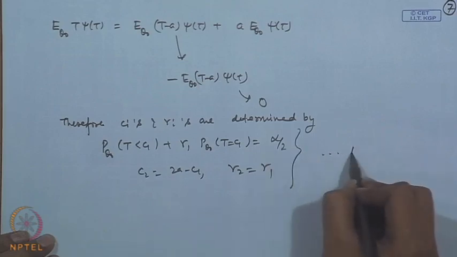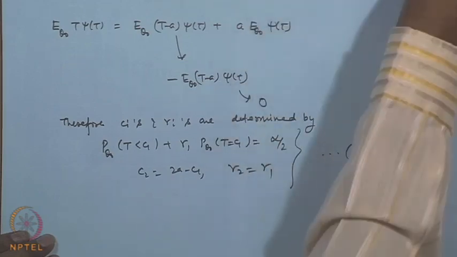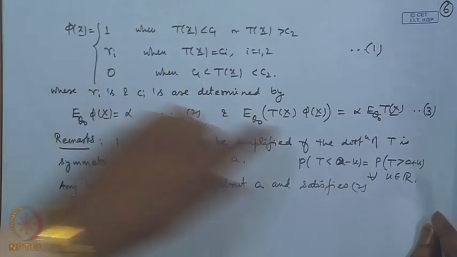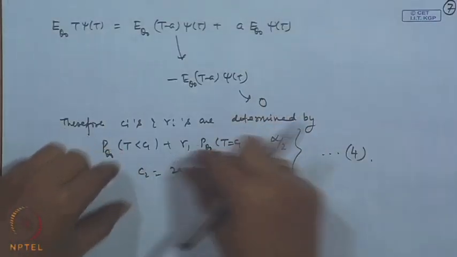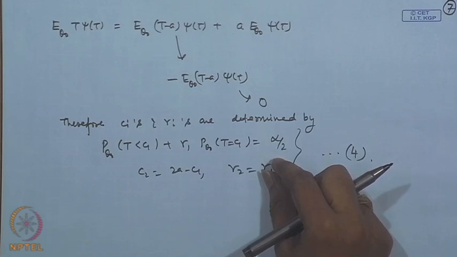So, the conditions get modified. In place of writing down these two conditions, we can reduce to these two conditions here.